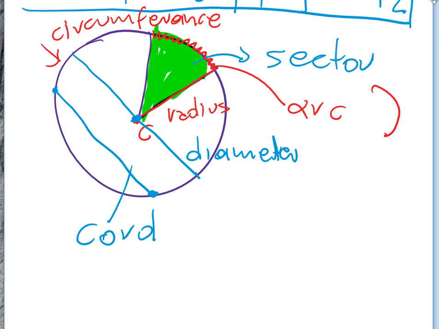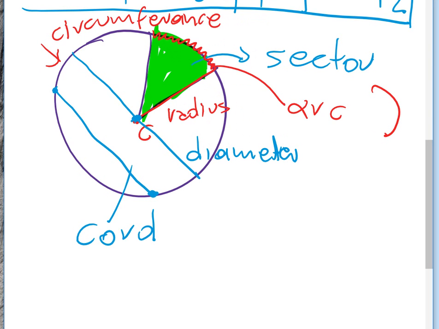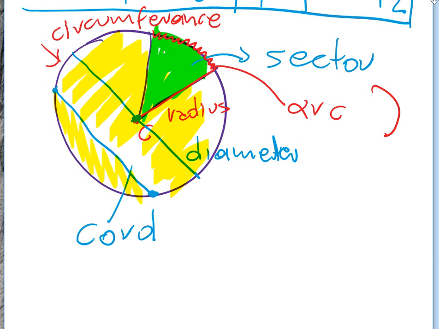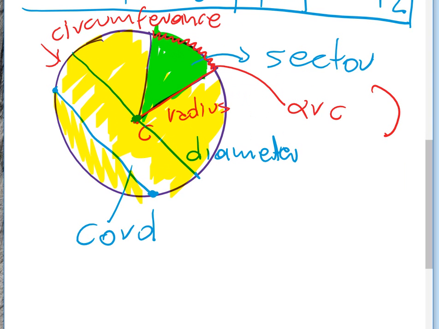When I have this case, I am separating my circle in the minor, it means small, and the major segment. Okay, segment means component. So let me change the color.